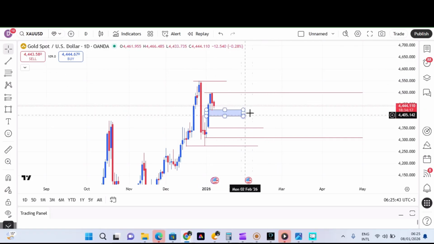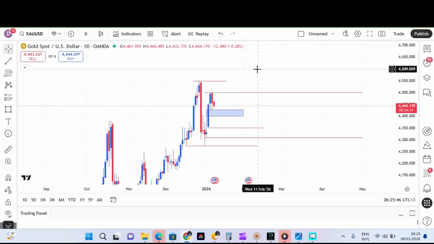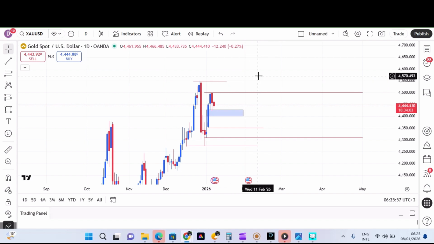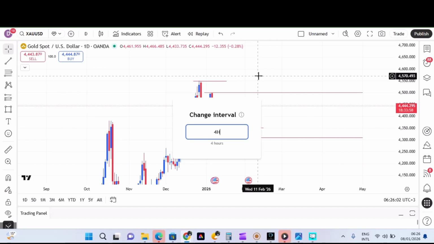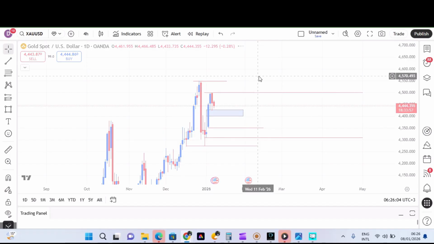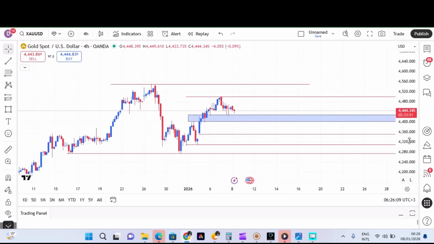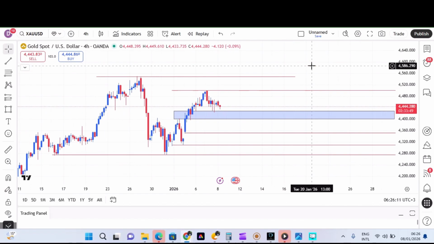So we have marked a fair value gap on the daily time frame. We have also marked a bias on the daily time frame, which is bearish. Let us go to the 4-hour time frame, which is a very, very powerful time frame in analyzing and also making decisions on the market.